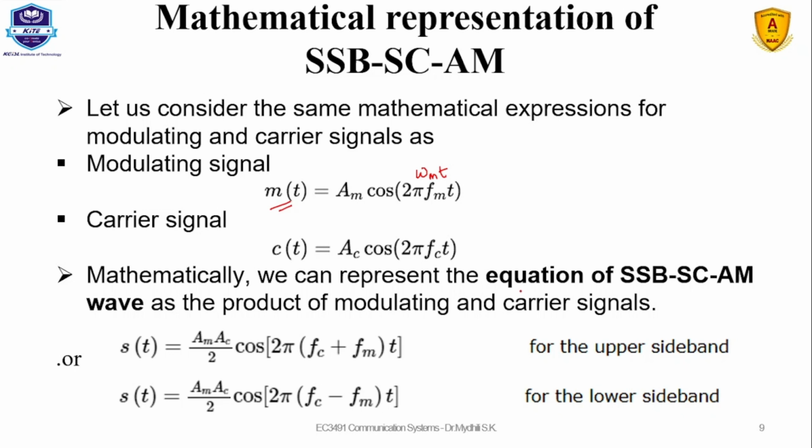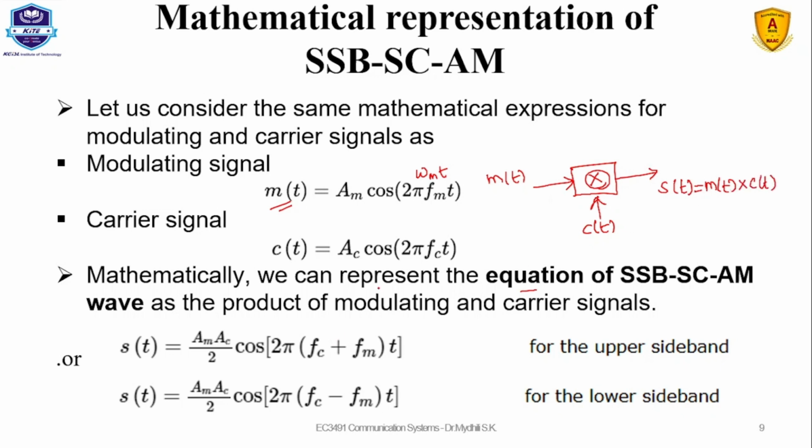We can represent this mathematically just by multiplying the two. So I am going to give these to a product modulator, one message signal m of t and a carrier signal c of t, which will multiply these two signals and produce the output s of t, which is nothing but message times carrier.